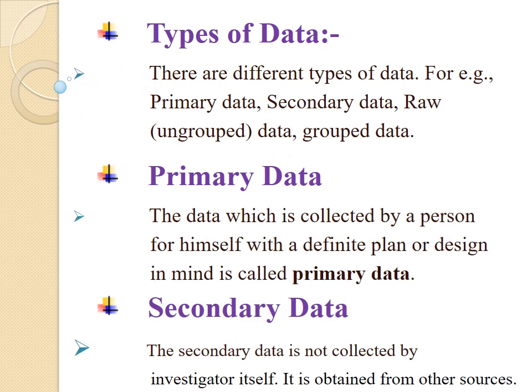Types of data. There are different types of data. For example, primary data, secondary data, raw, that is ungrouped data, and grouped data. Primary data. The data which is collected by a person for himself with a definite plan or design in mind is called primary data.